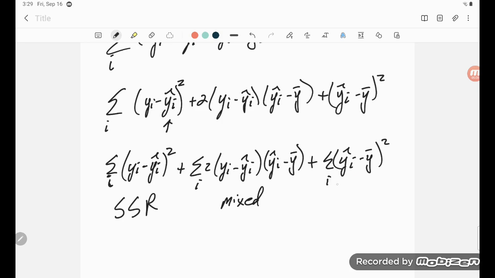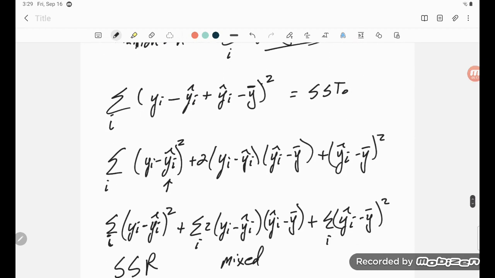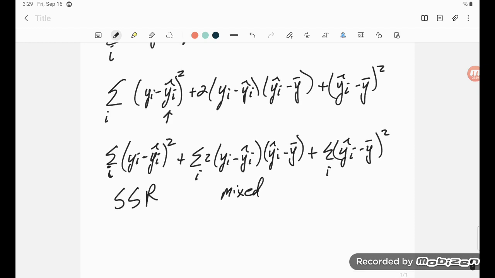And this term, we're looking at yi hat minus y bar. So as we come back here, let's redraw it again. Okay, so here's y bar somewhere in the middle of all those y's.